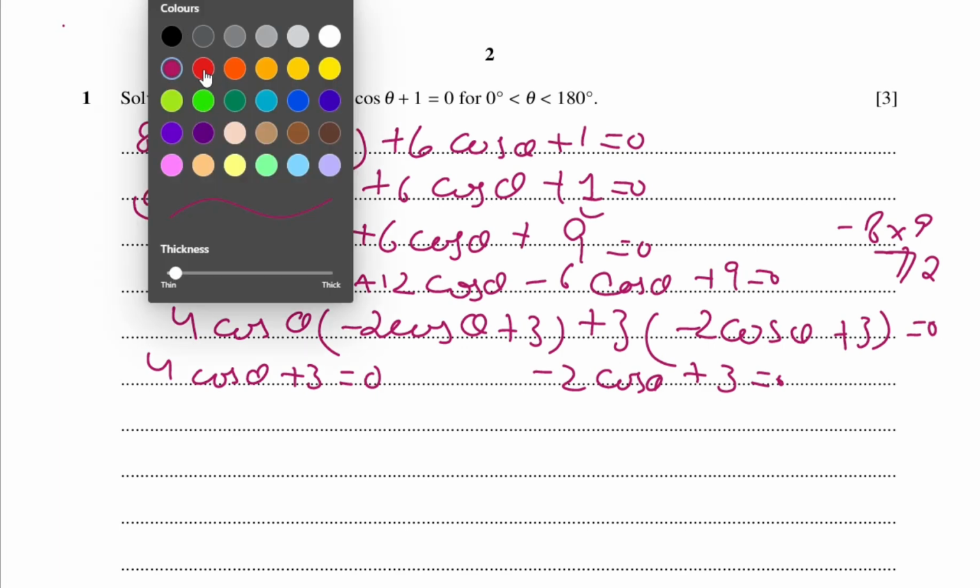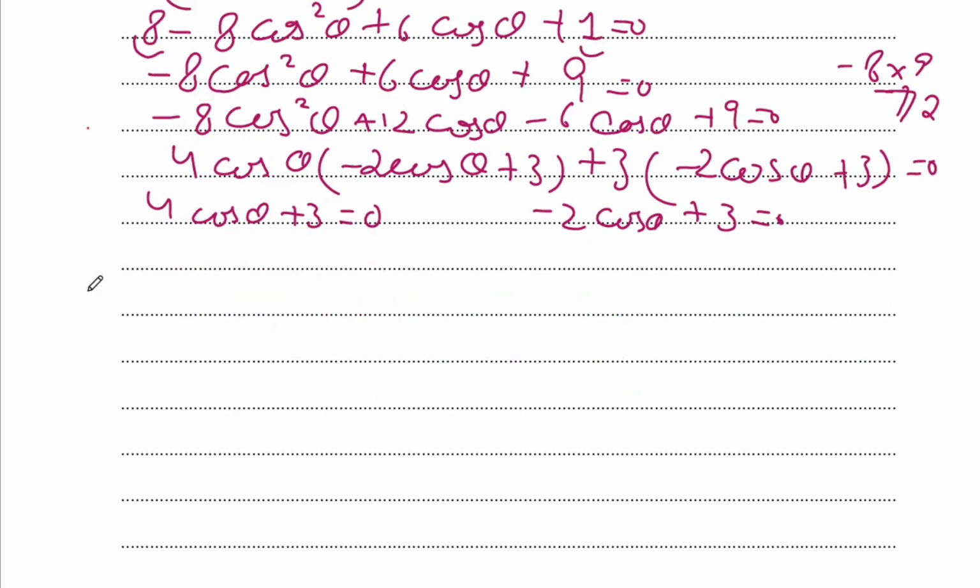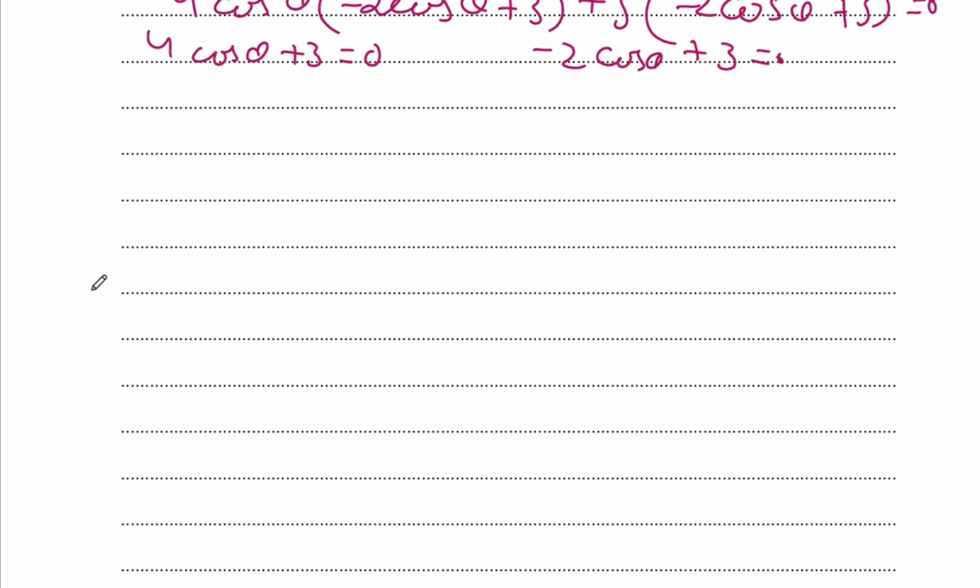Let's move further from here. 4 cos θ + 3 = 0, so 4 cos θ = −3, then cos θ = −3/4.